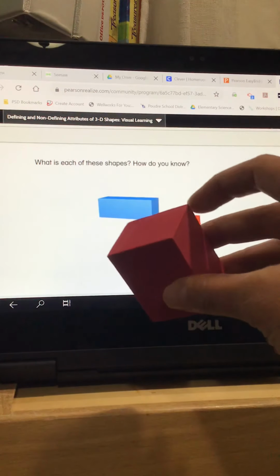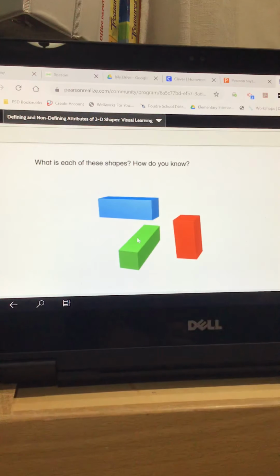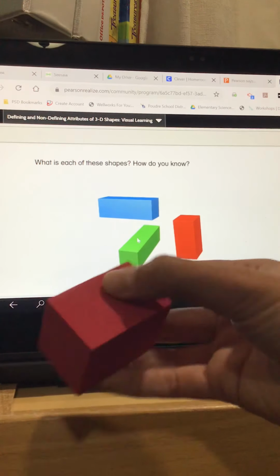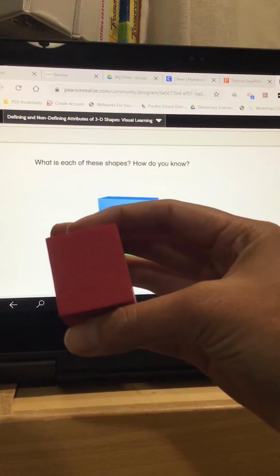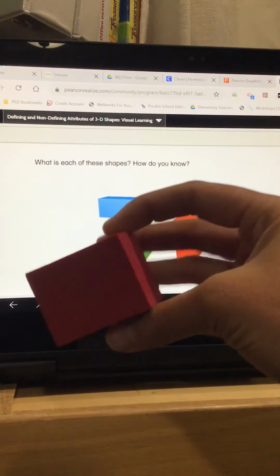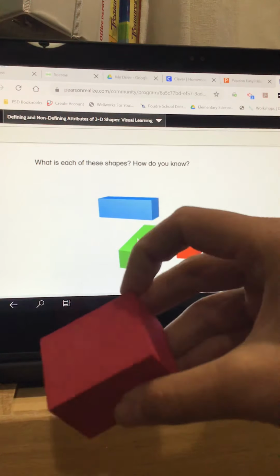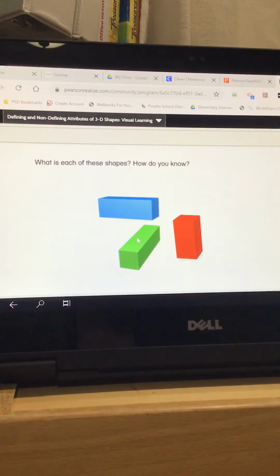They have 8 vertices. Remember, a vertex is our corner: 1, 2, 3, 4, 5, 6, 7, 8. And they have 12 edges, and our edges are the lines between our vertices.